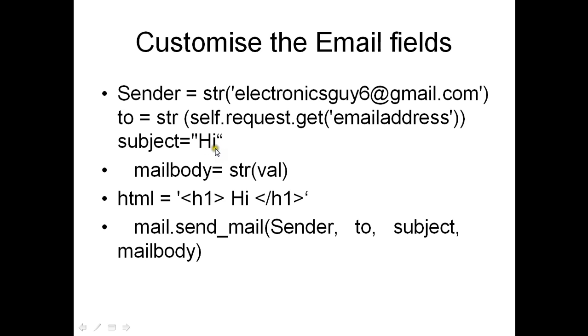In this case I have just placed hi. And the mail body: I am developing a demo app, and in my mail body I'll be sending an app ID to the user who has registered. I'm converting that into a string, and I'm sending that app ID as the mail body.